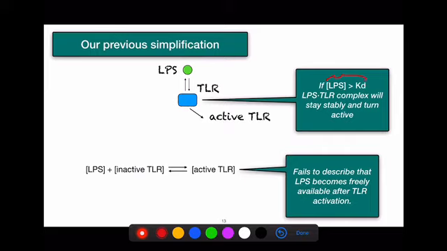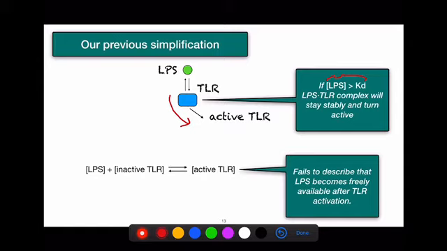If KD is so low, which is true because KD is about nanomolar, then because there is an overwhelming amount of LPS, the TLR complex will stay stably and exist for a long time, so TLR will be active.